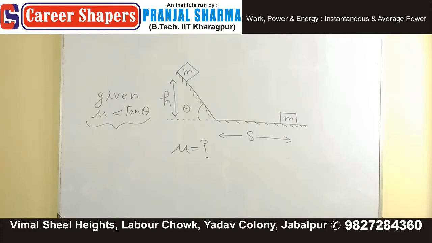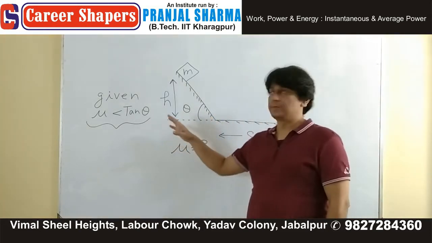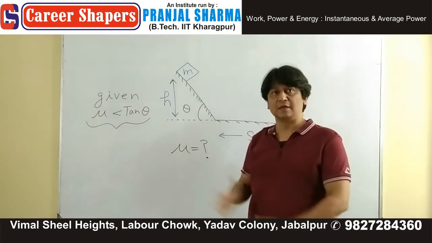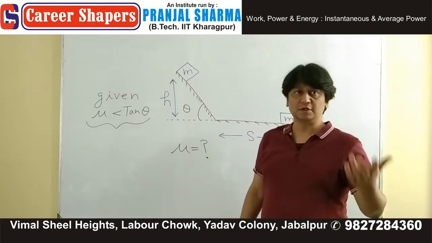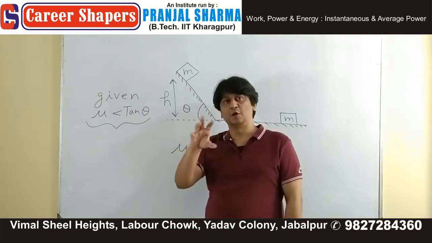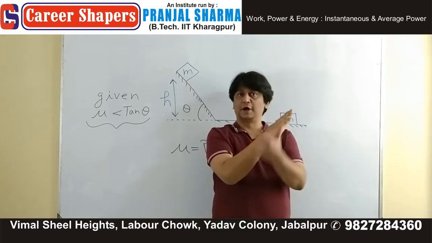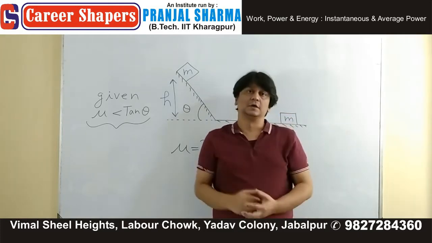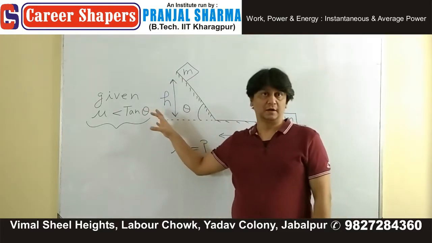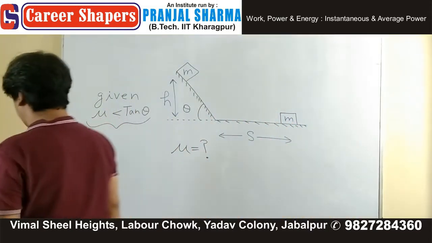That's what the answer is. If mu is tan theta or greater than tan theta, just remember what is mu, what is tan theta. Theta was the critical angle. When you raise the angle of the incline, there is a particular angle when the block starts sliding down, and that was tan theta equals mu, the angle of repose, the critical angle.